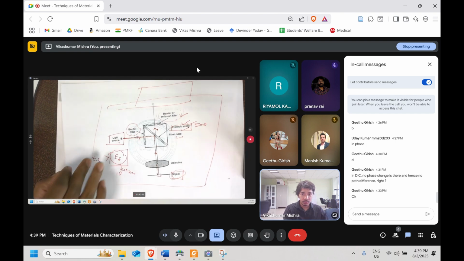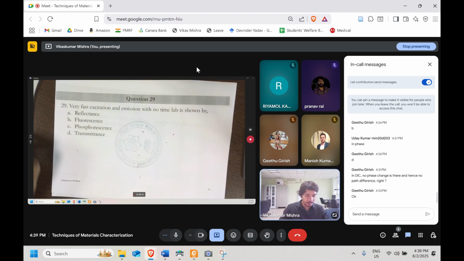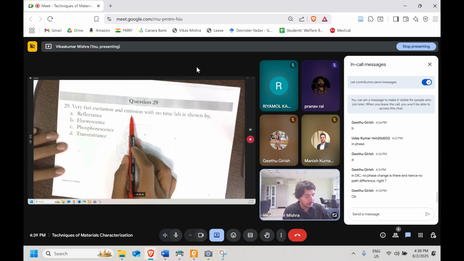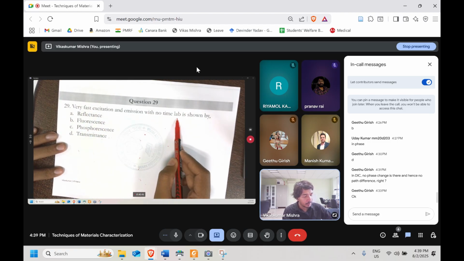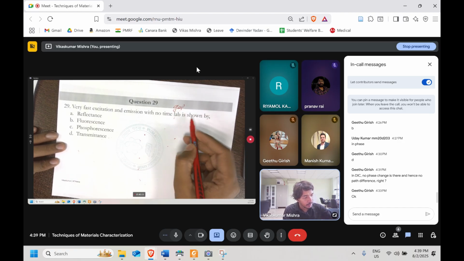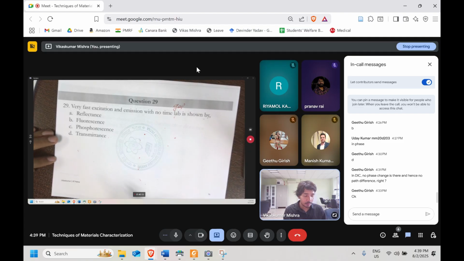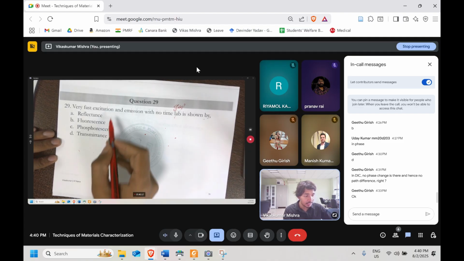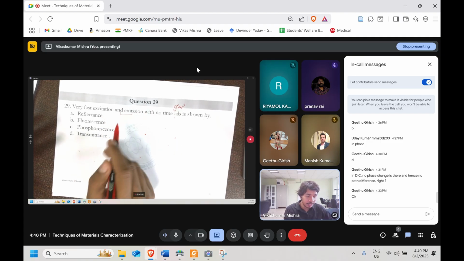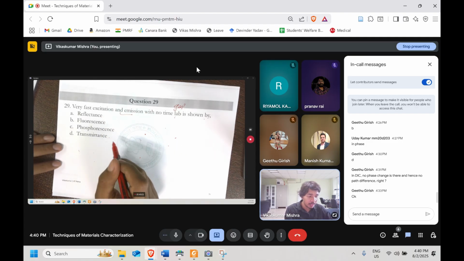Let's try to solve a question based on this. Very fast excitation and emission with no time gap is shown by... excitation and emission we are talking about. Reflection we cannot, excitation and emission, this phenomenon is not there.